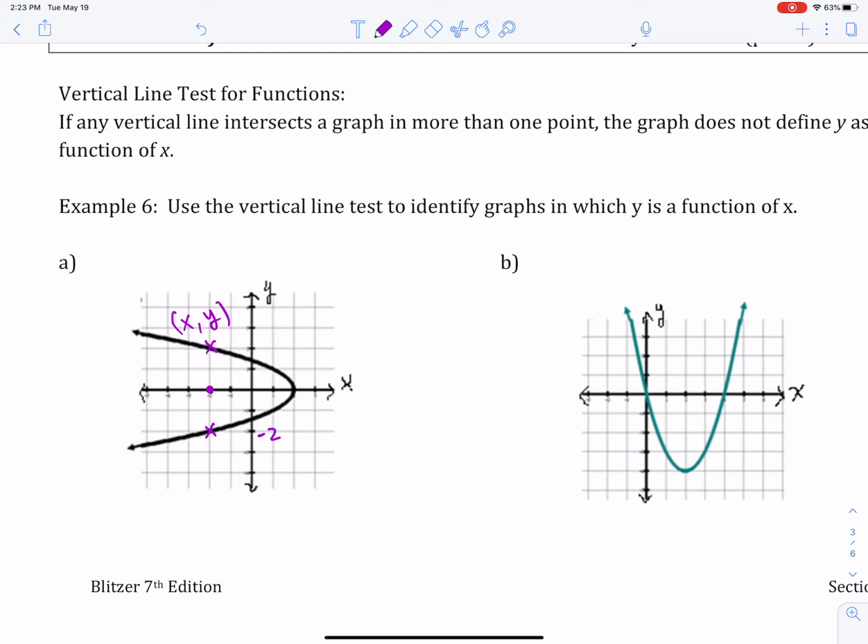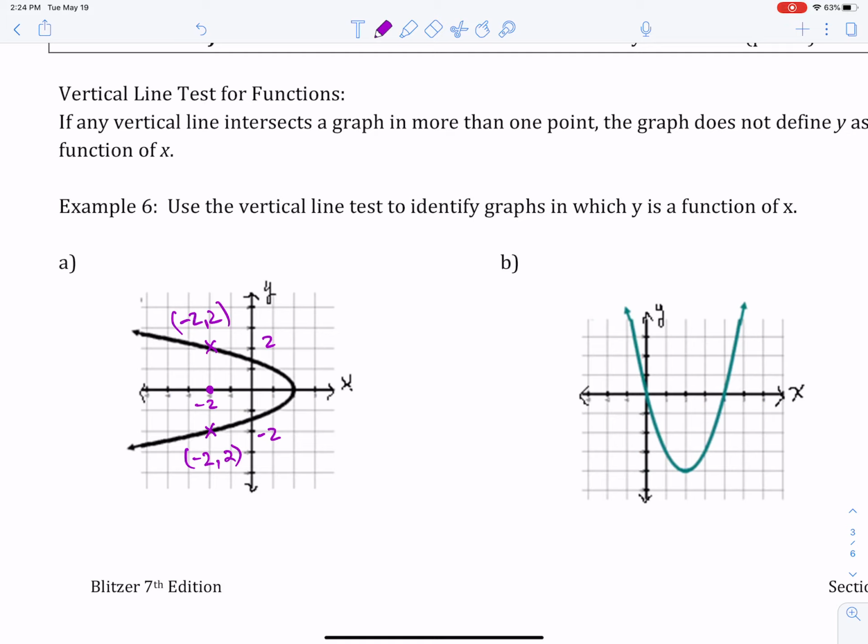If I say that's a negative 2 and that's a negative 2 and that's a positive 2, then I'm getting 2 different points for negative 2. This means that's not a function.